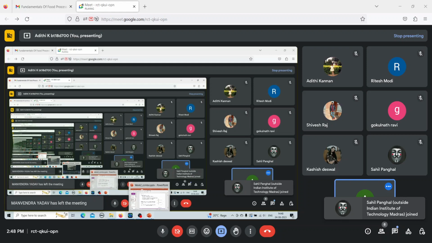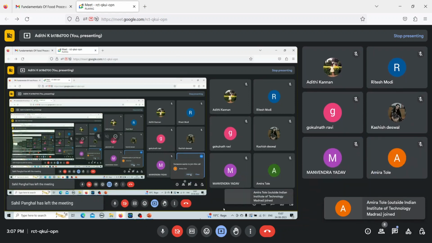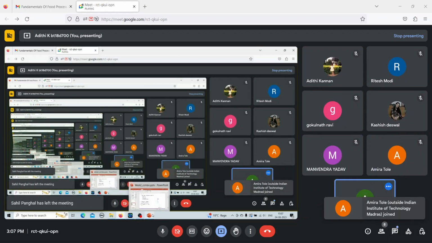In which model is a spring and dashpot connected in series? Before this, are you aware of the different kinds of models that are used to describe viscoelasticity?